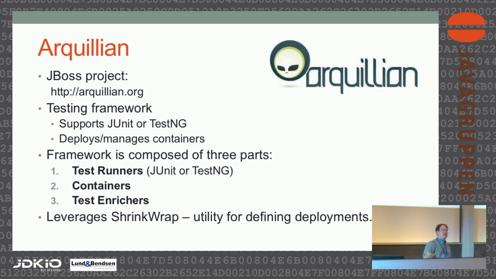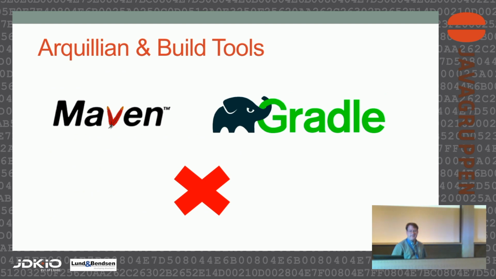You might want to replace certain classes with mock instances or dummy instances that are going to behave differently. And if you had to write the code and then modify your build system in order to support that for each of the different tests and repackage it up every time, that would be very labor intensive and complicated. And that's one of the things that Arquillian with ShrinkWrap eliminates the need for.